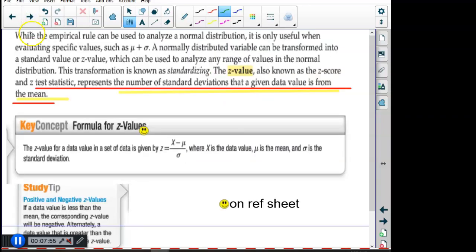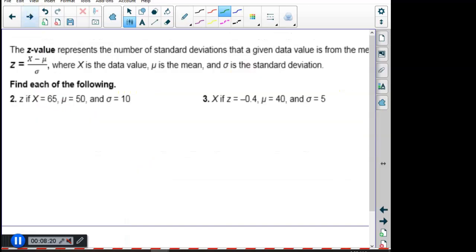All right. Then it talks about z-scores. We talked about z-scores. It is the number of standard deviations that a value is away from the mean. Okay? It is on your reference sheet. And we will use these particularly to compare two different values from two different sets of data, so we can say how far they are each away from the mean. Just a little review of finding a z-score.